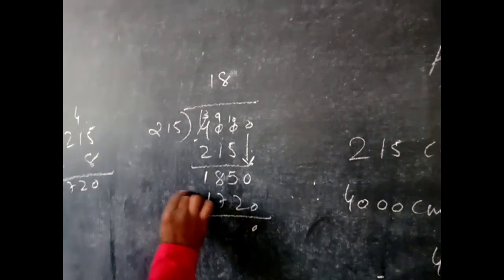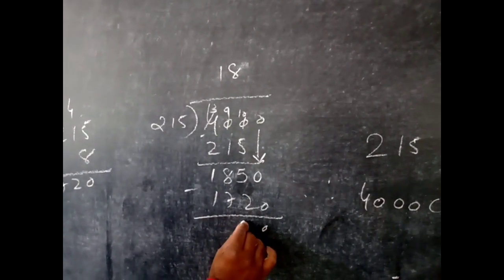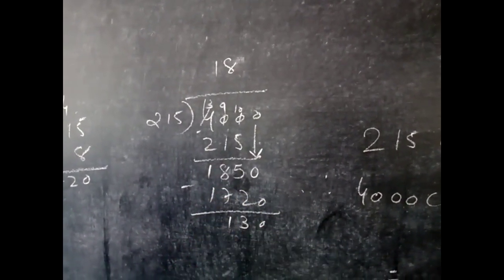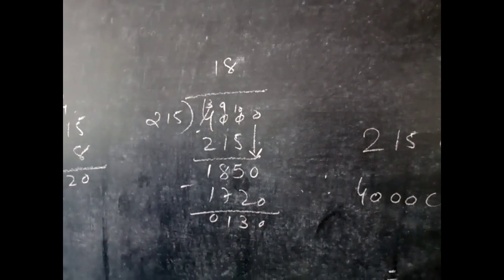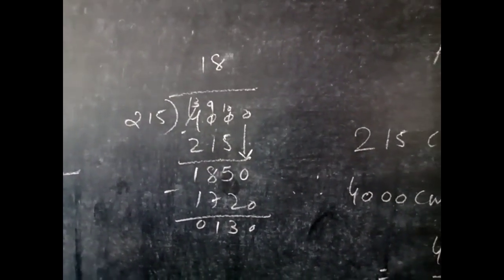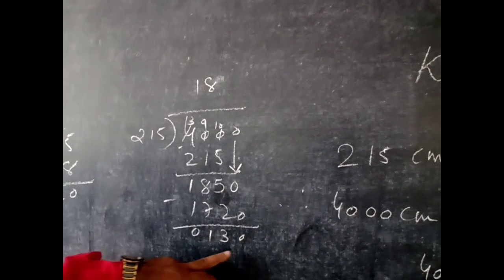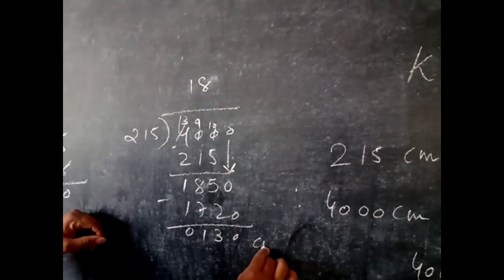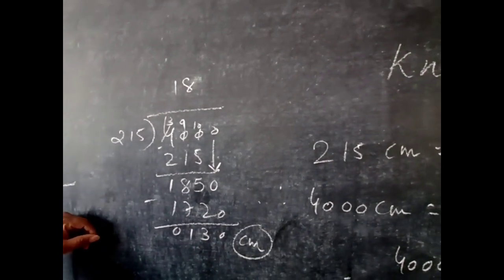Then 5 minus 2 is 3, 8 minus 7 is 1, 0. So we can say 18 sets are prepared and 130 centimeter cloth is remaining.